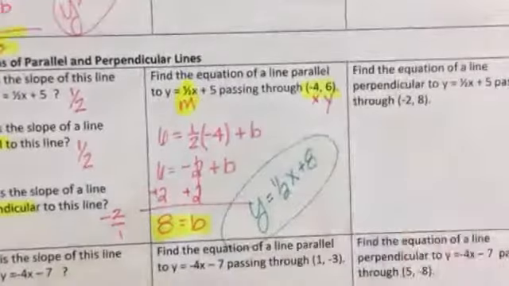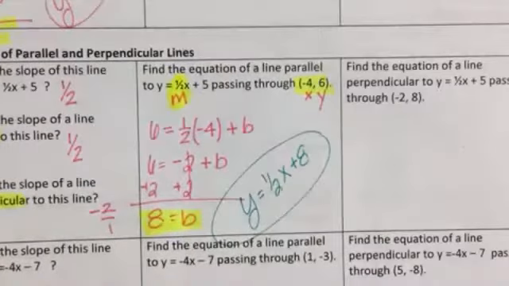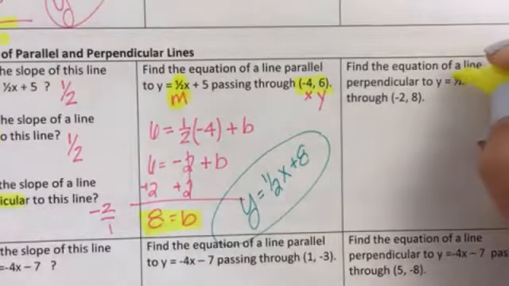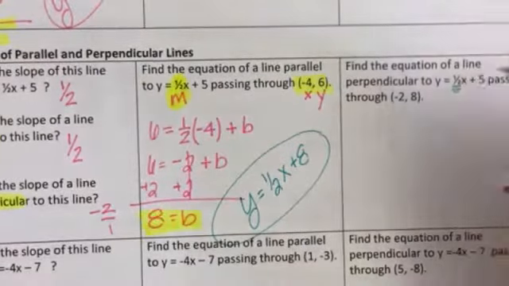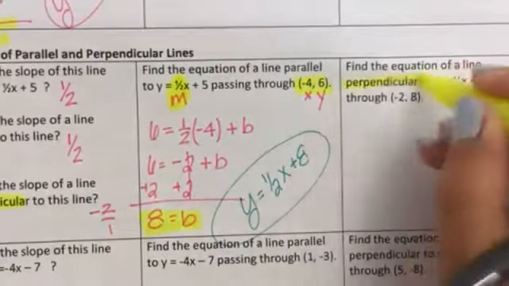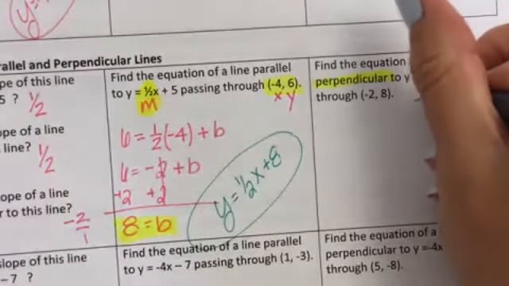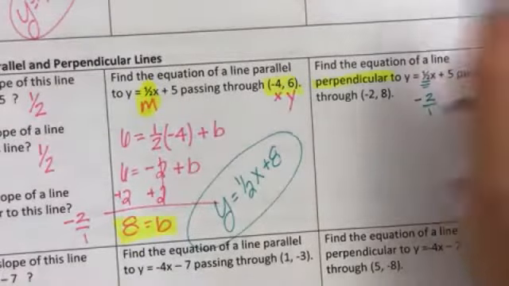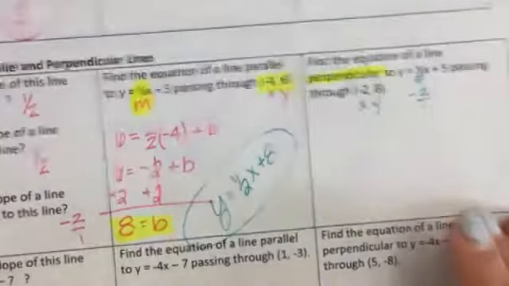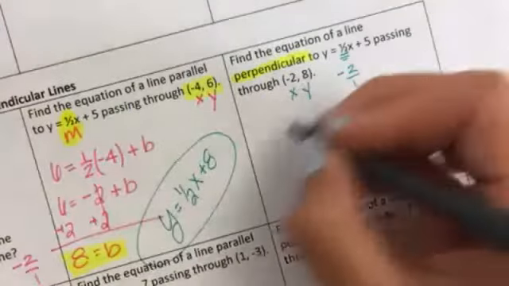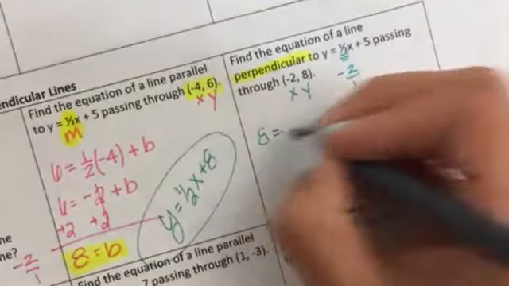Now I am going to do a perpendicular one because when it's perpendicular, we have to look at the slope. The slope is 1/2. But when it's perpendicular, what happens to our slope? It's negative, -2 or -2/1. This is still our x and our y. We're still going to follow the same exact steps. So our y is 8.